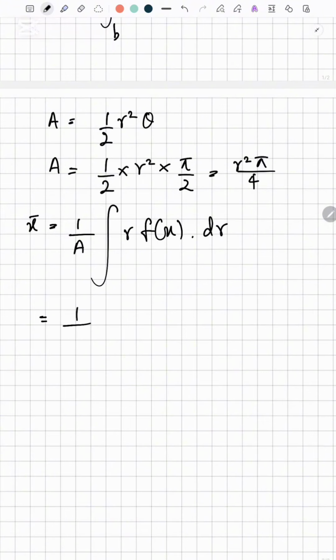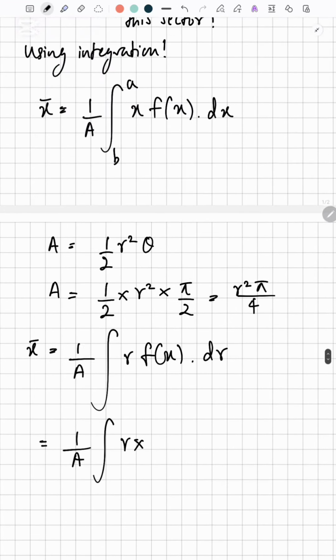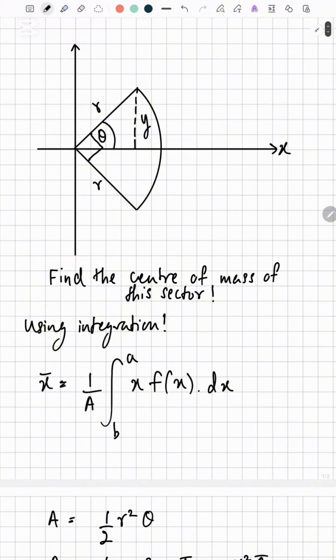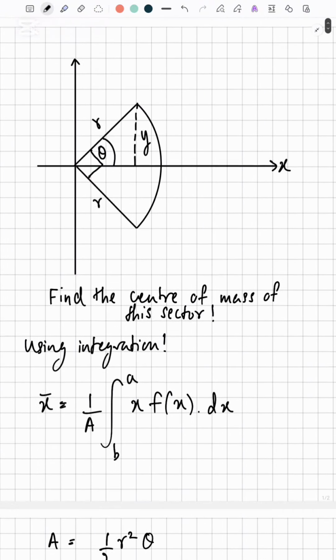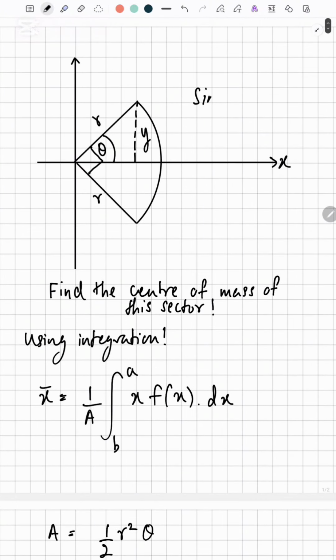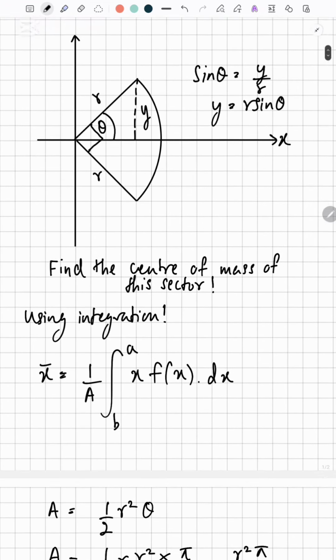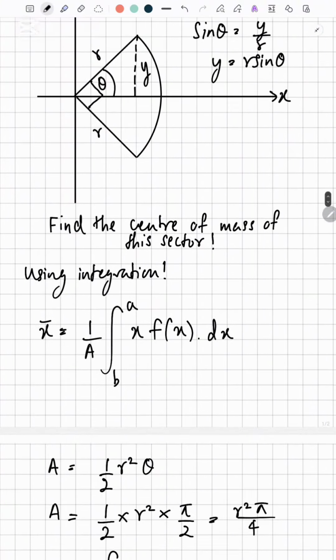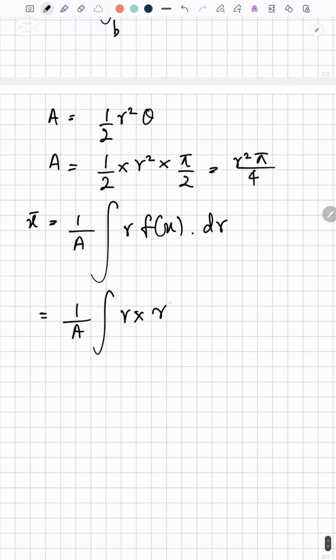So 1 over the area and integration of r into... f(x) is y, right? What I got previously was sine theta equals y over r, so y equals r sine theta. Looks like I erased it previously. So we're going to put r sine theta dr, right?